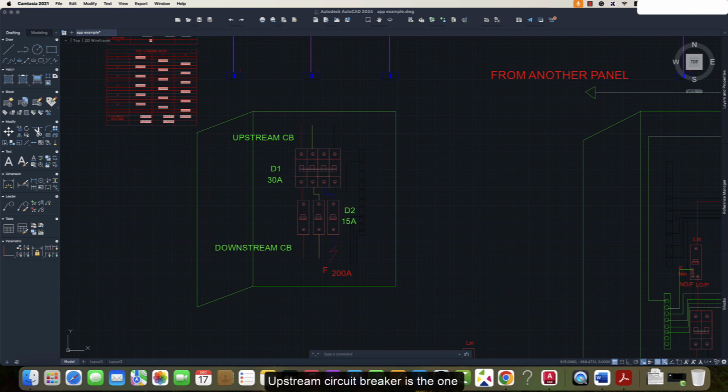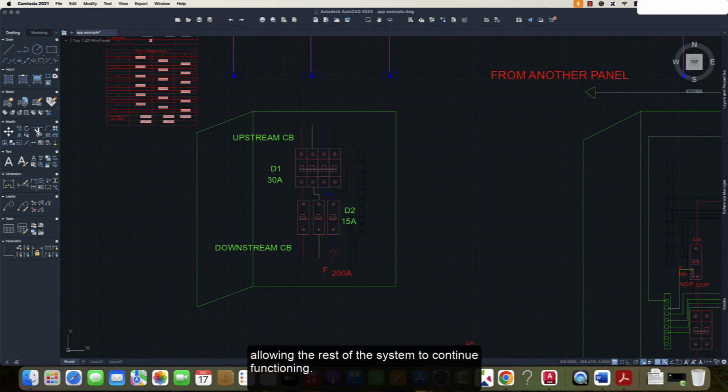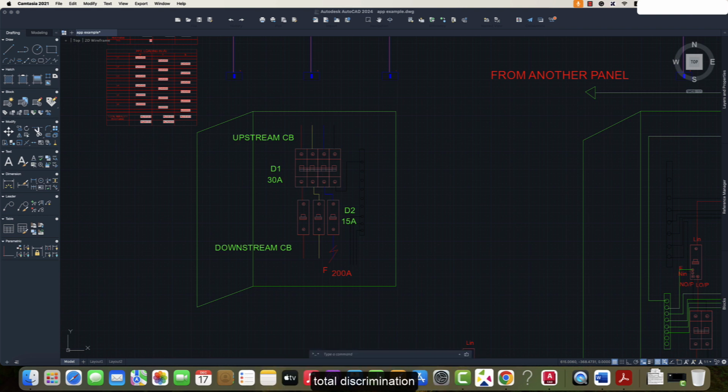The upstream circuit breaker is the one close to the supply, and the downstream circuit breaker is the one close to the load. Discrimination ensures that only the protection device closest to the fault operates to clear the fault. Other protection devices further upstream remain unaffected, allowing the rest of the system to continue functioning.